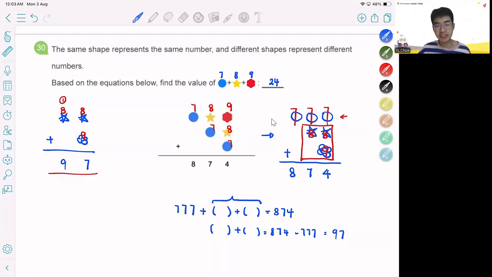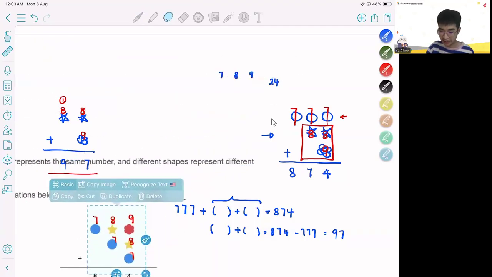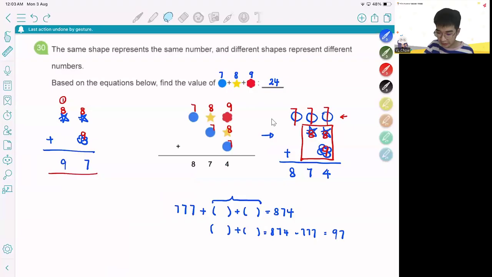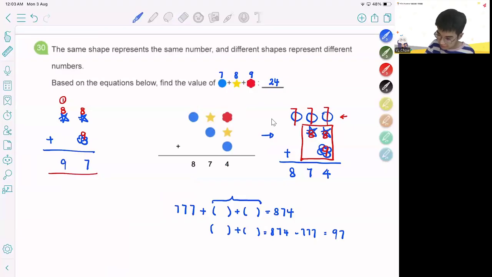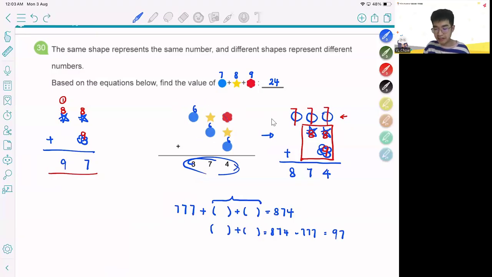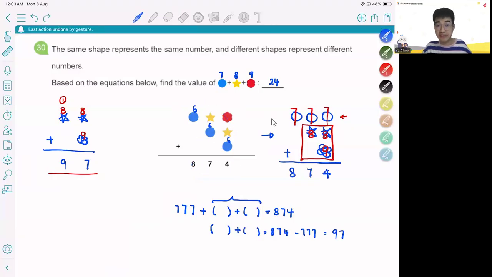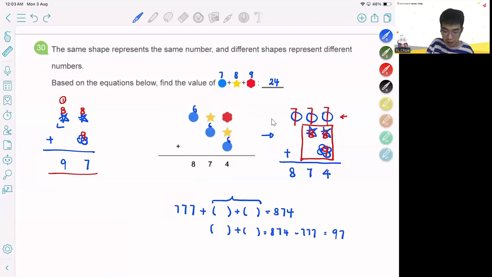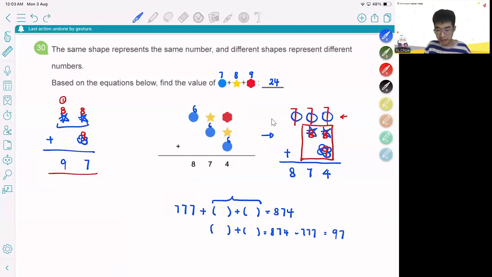Now, some of you might think, teacher, the carryover could be 2, right? So, can my circle be 6? Now, that is sort of impossible because if you have 600 and something, then 800 and something minus 666 will actually give you 200 and something, which is impossible to achieve with a two-digit number plus a one-digit number, right?